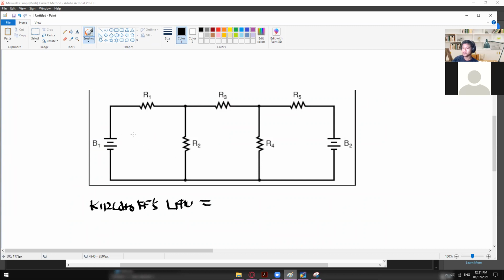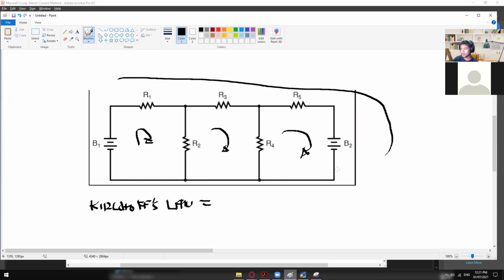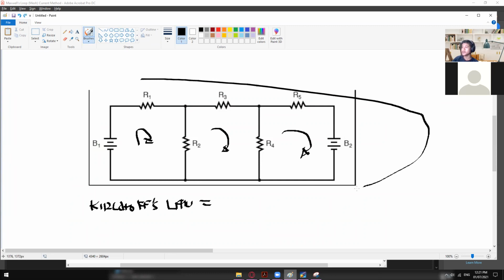If you're going to put the loops in here, loop 1, loop number 2, loop number 3, and then you can even have a loop on the outer, like this, and that is your loop number 4.